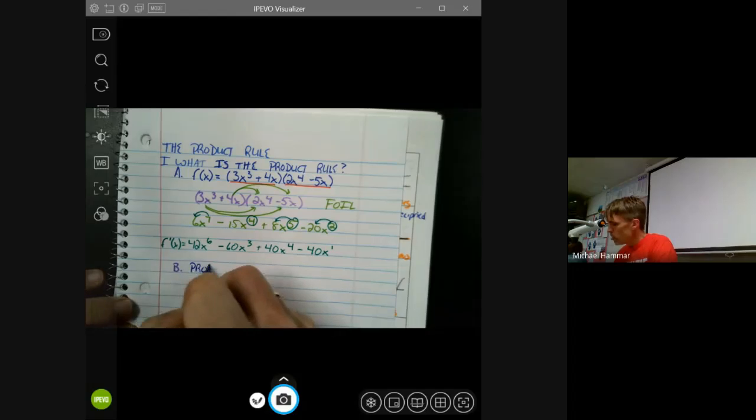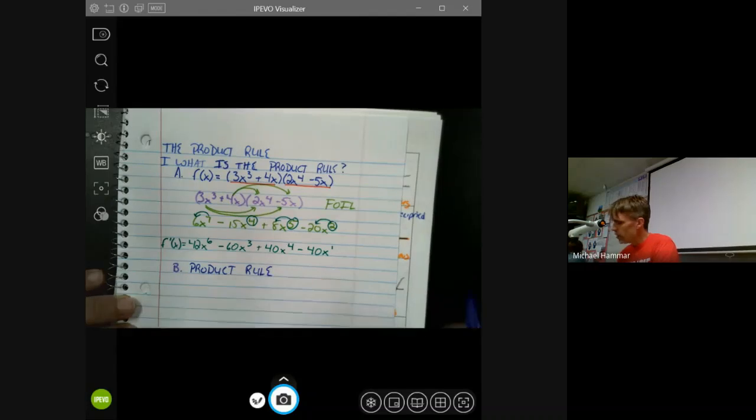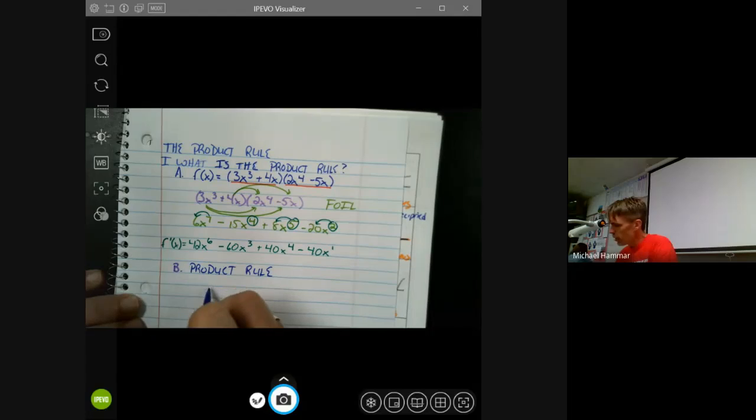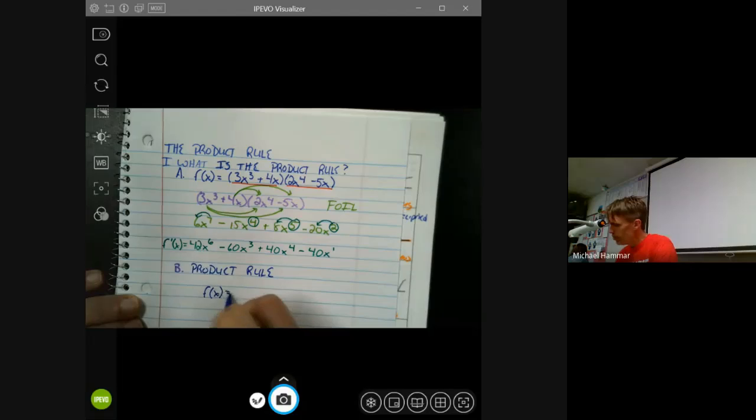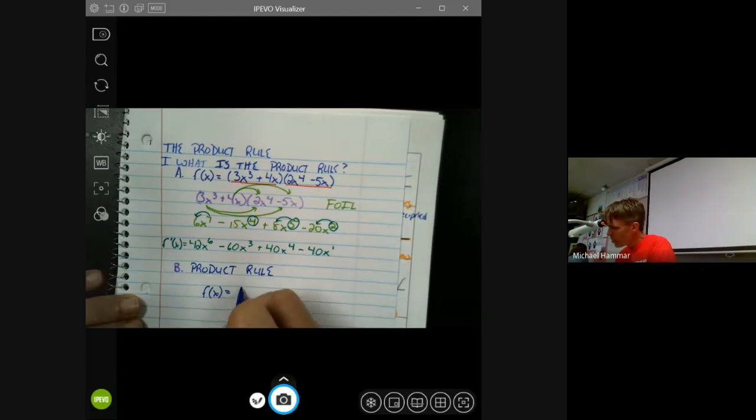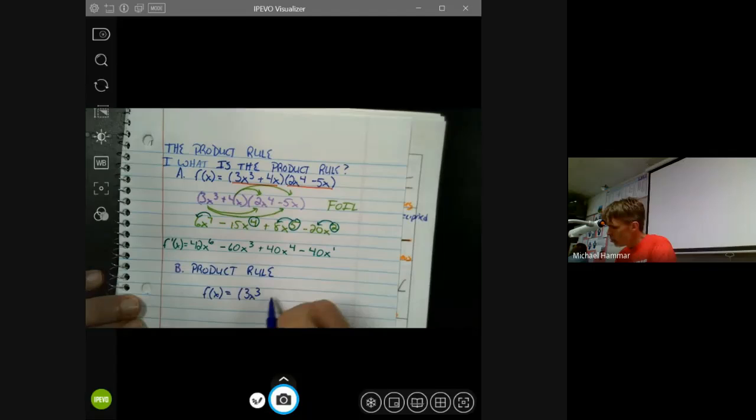Okay? So the first thing I'm going to show you is I'm going to actually just tell you in kind of a nutshell what the product rule is. So we're going to take the same equation. Okay? So we're going to start with 3x cubed plus 4x. And then we're going to go with 2x to the fourth minus 5x.